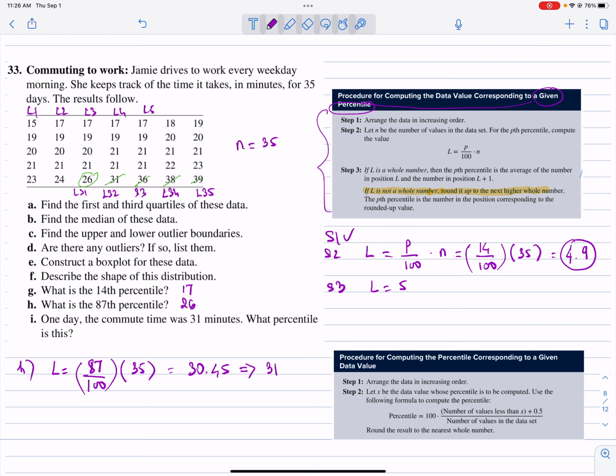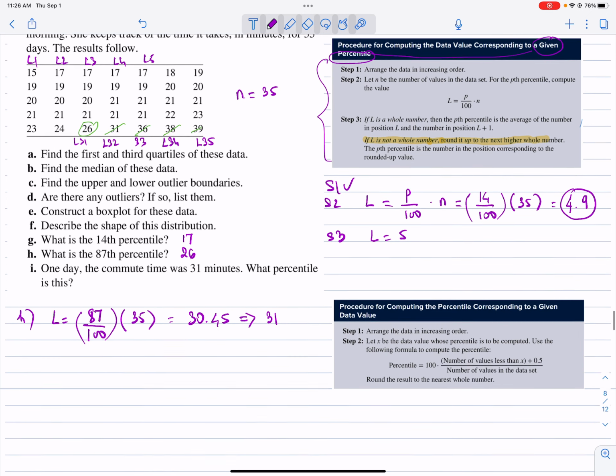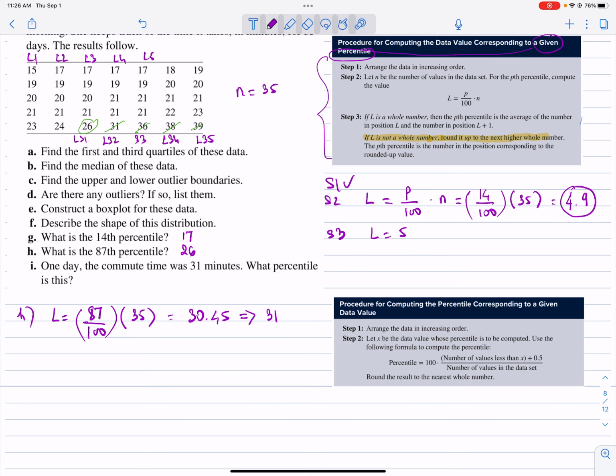Problem I. One day, the commute time was 31 minutes. What percent is that? So it gives us the data value and we need to find the percent. We will look at the table here.